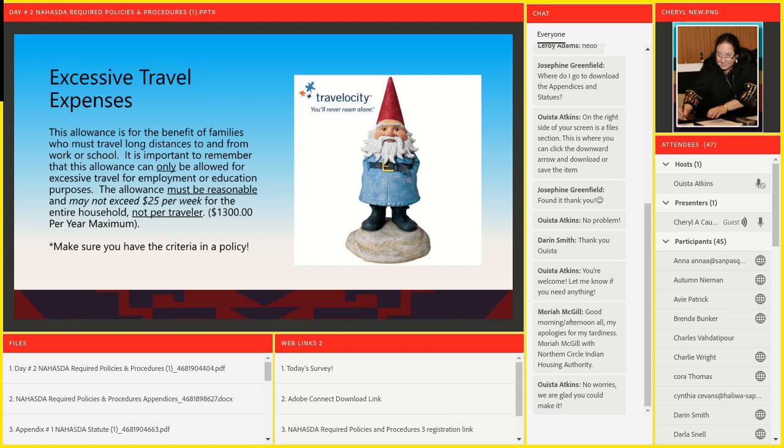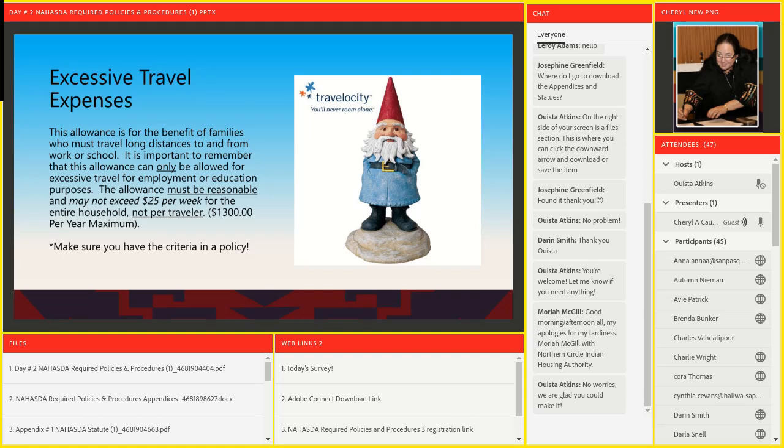So, like I said, our nearest town is 25 miles from here. So our tribal council determined anything over 20 miles. We also have a college 25 miles from here. You're going to make that determination of how long a long distance is to and from work or school.